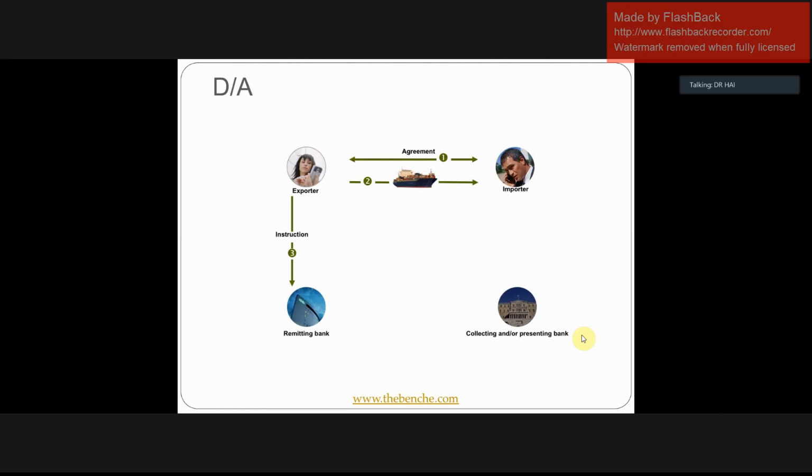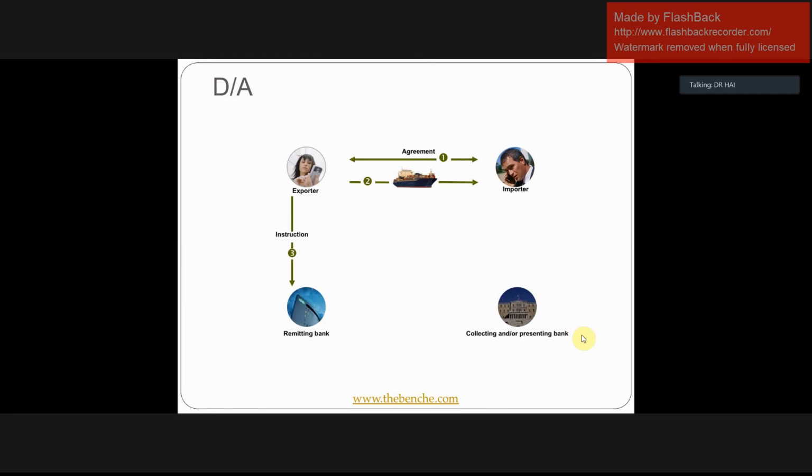But remember, BE in this case is usage BE or time BE. We are talking about DA, documents against acceptance. So BE used in this case is usage BE or time BE. Time BE. Right, time BE.